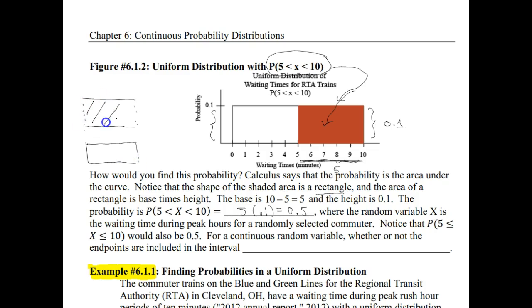But these two areas are the same. So for a continuous random variable, whether or not the endpoints are included in the interval will not change the area of the shaded region.